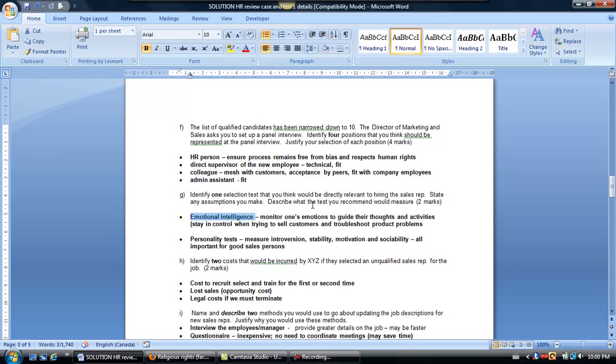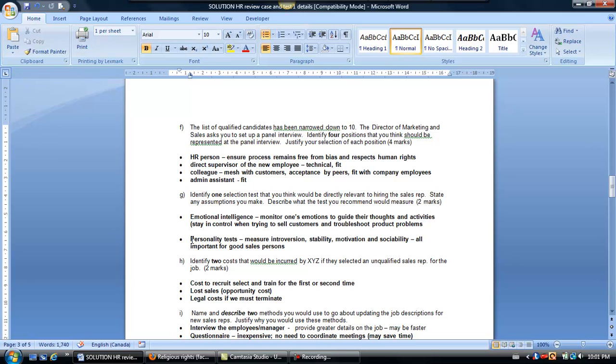It would give you an idea of the candidate's ability to monitor their own emotions, to guide their thoughts and activities. So would they stay in control when they're trying to sell to customers, troubleshoot product problems, and they wouldn't just get all exercised and nervous and upset when they face problems. They'd actually solve them with the customer, with the technical areas, with engineering, those kinds of people, right?